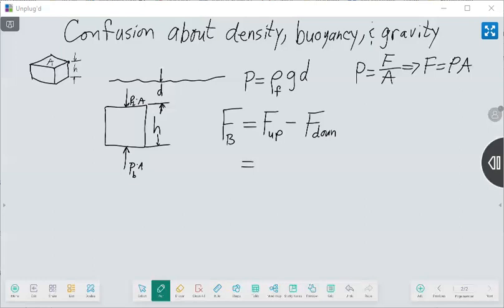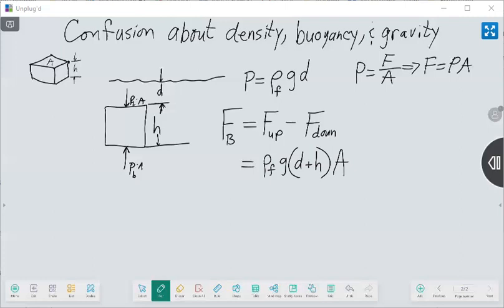It is the density of the fluid times G times the depth at the bottom, which is not just depth D, but D plus H, because it's way down here, multiplied by the area, to give us the force.